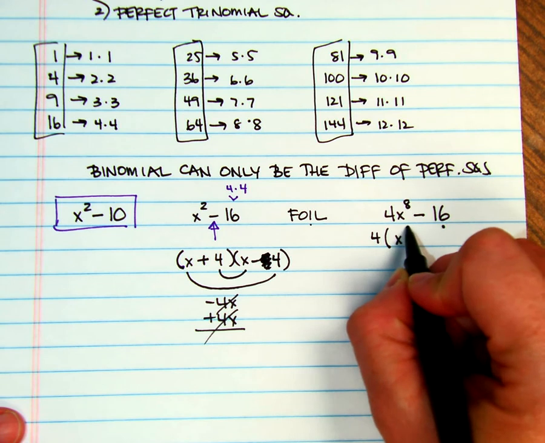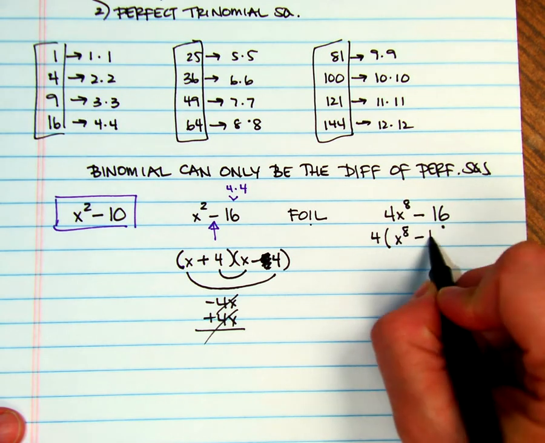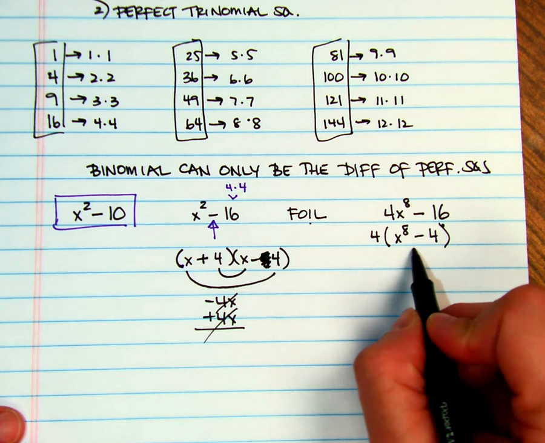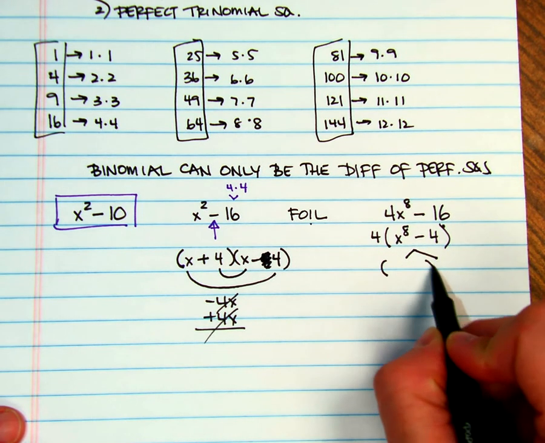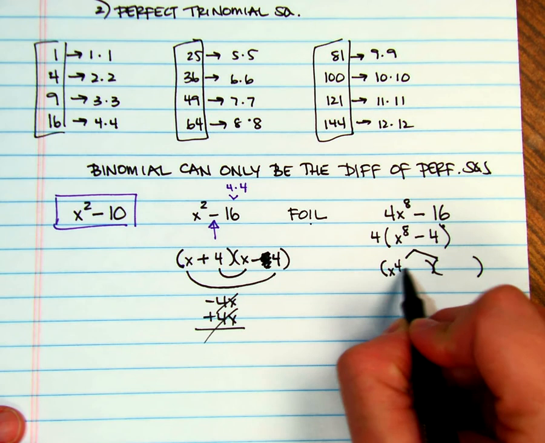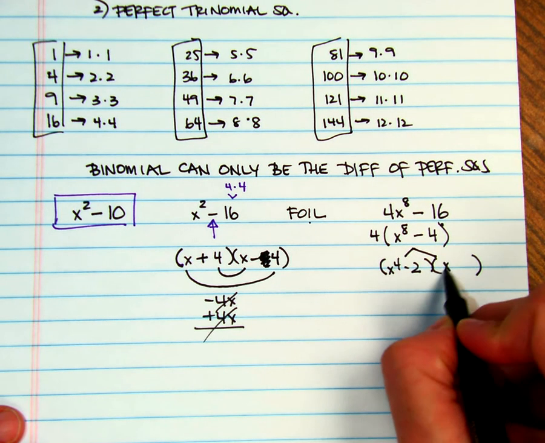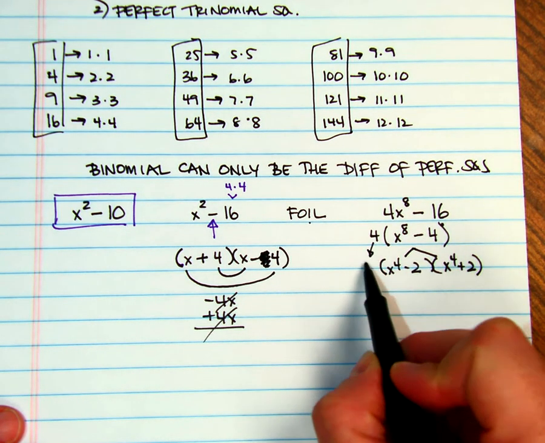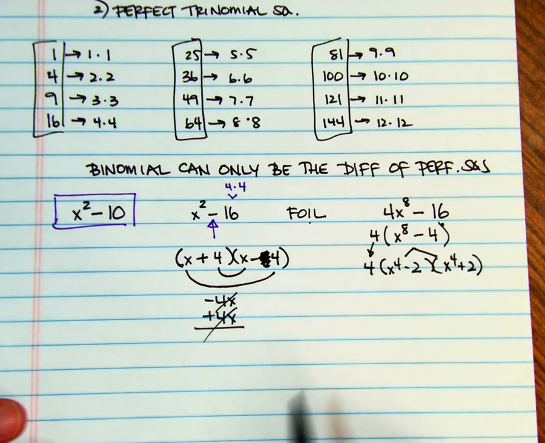So that leaves me 4 times x to the 8th minus 4. This is the difference of perfect squares. It's going to break down into two binomials, x to the 4th minus 2 and x to the 4th plus 2. Do not forget to bring down your greatest common factor.